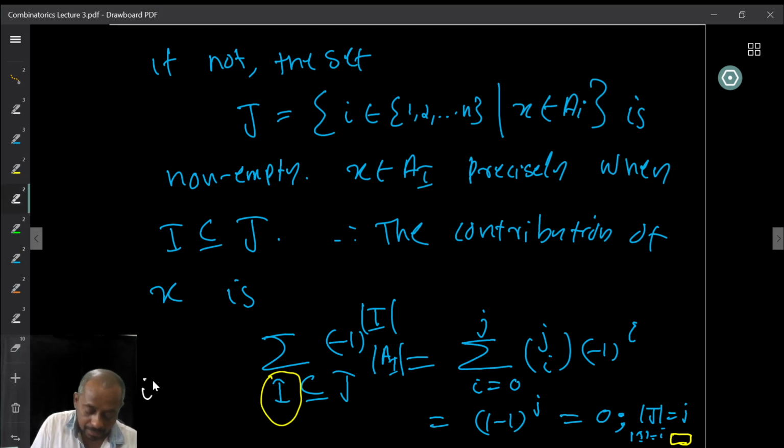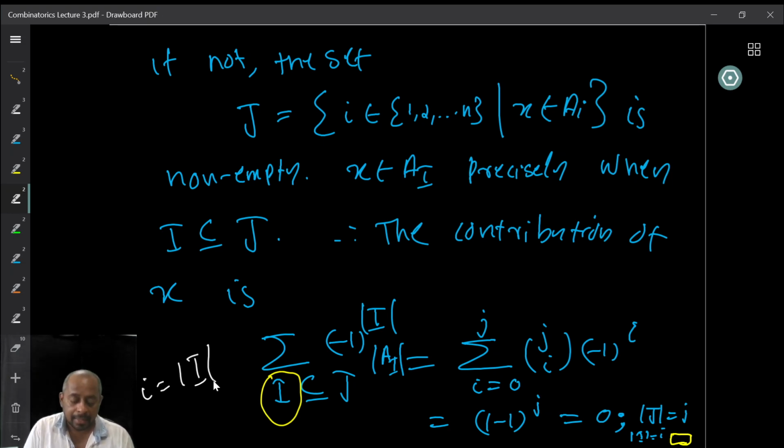Let small i be equal to the cardinality of I, and I rearrange the sum with respect to this cardinality. If I take the cardinality of J to be small j, then there are j choose i possible i-element subsets of J, and each of these subsets contributes to the sum because X is in each of them, including the empty subset, because all the elements are there.